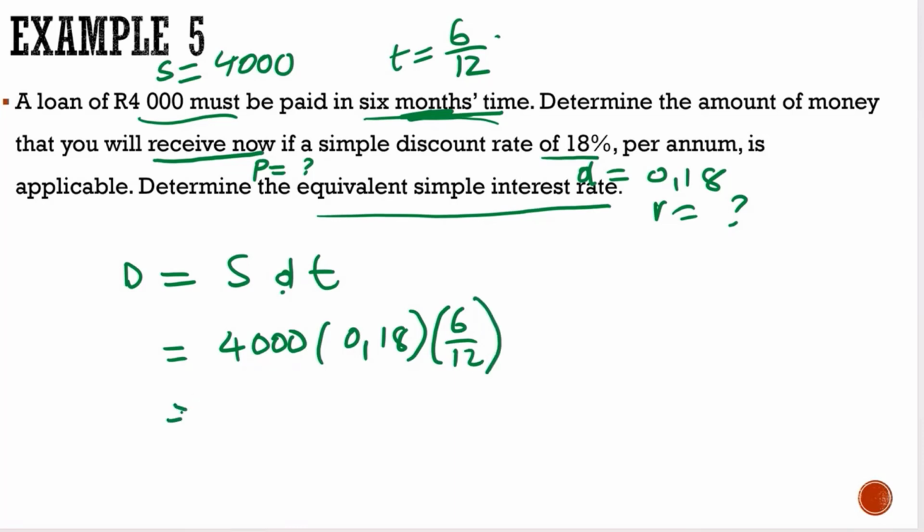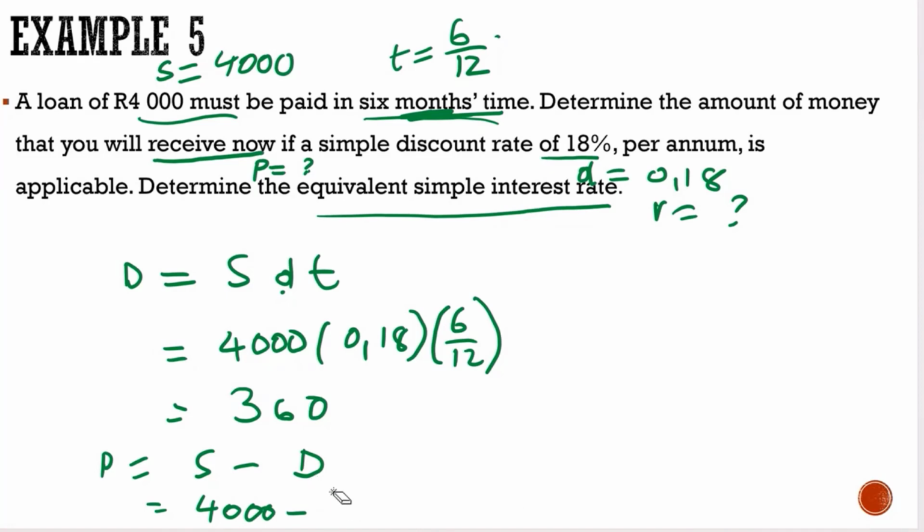So your discount is going to be equal to 360. Remember you want to calculate your P here. So your P is equal to S minus D, and your S is equal to 4,000 minus your D.